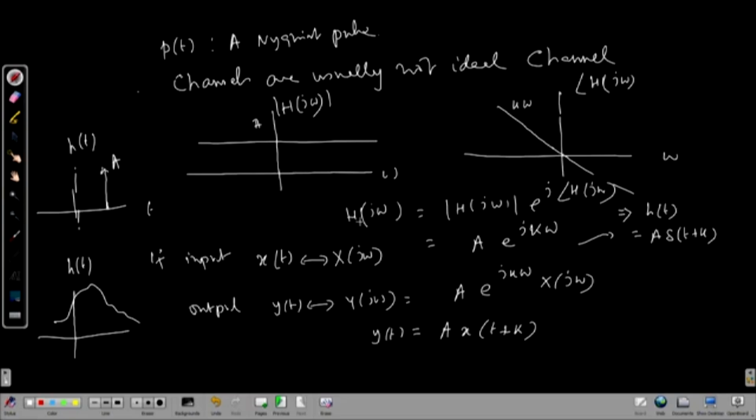Therefore, even if you take a lot of care to design your Nyquist pulses which satisfy the zero forcing criteria, as it goes through the channel, it will lose its shape. So, it will not follow the zero forcing criteria correctly. It might be close to that if the channel is not that bad, but as a result inter-symbol interference will still come back at the receiver input, and that is what we have to remove, and it is removed by a device called equalizer.